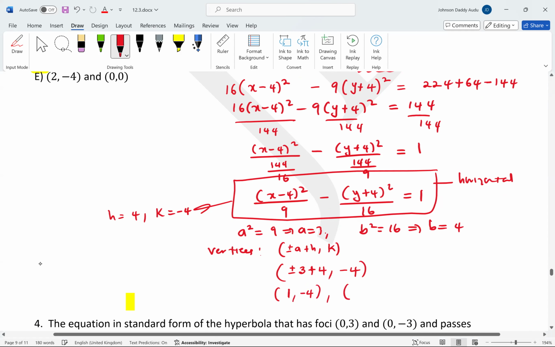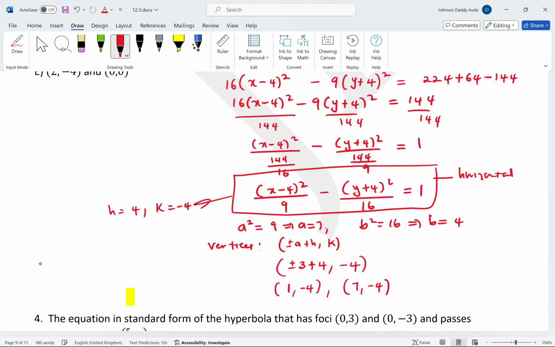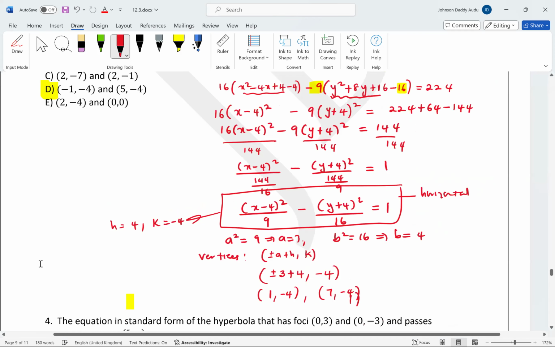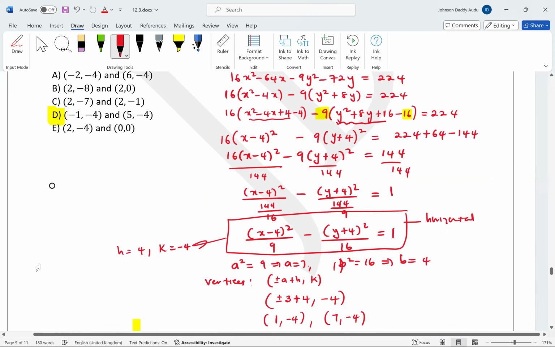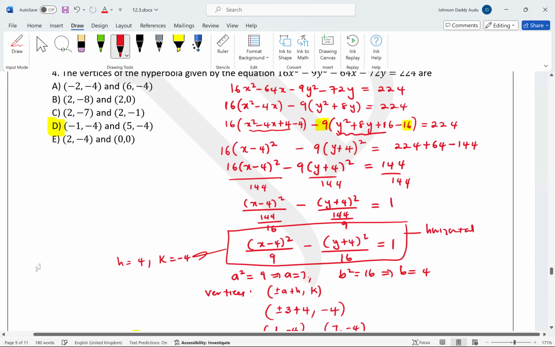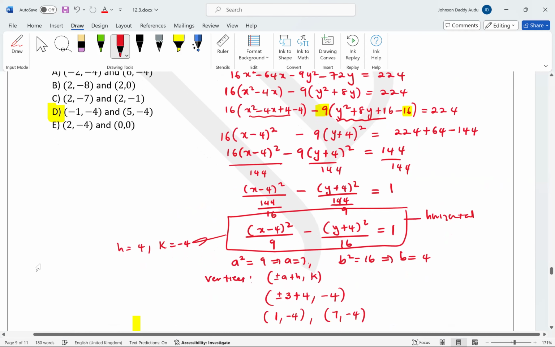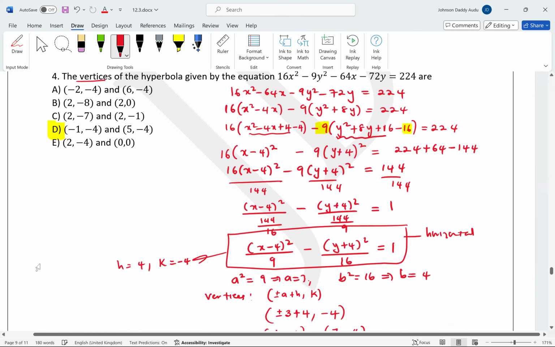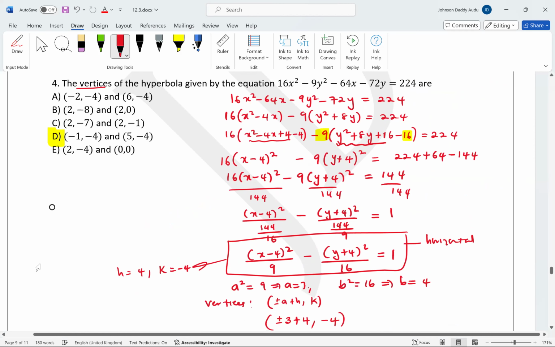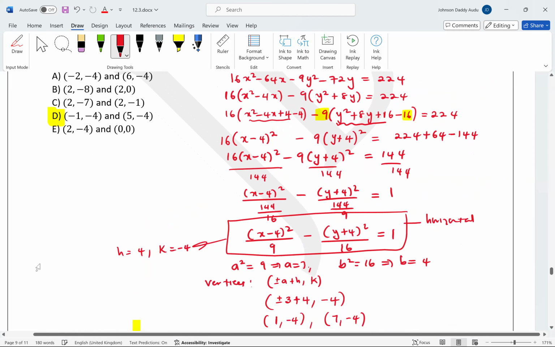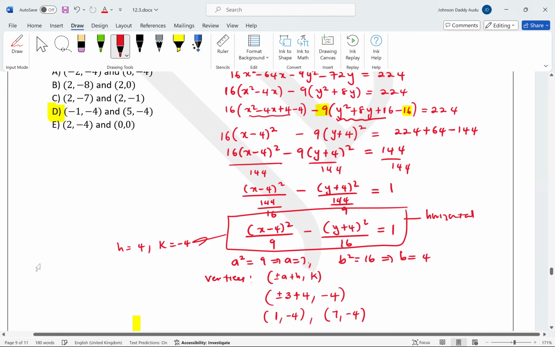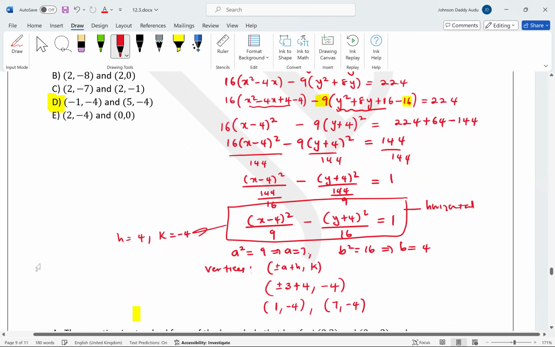And then you have 7 and minus 4. So let's see which one is the correct answer. All right, vertices. What is A?